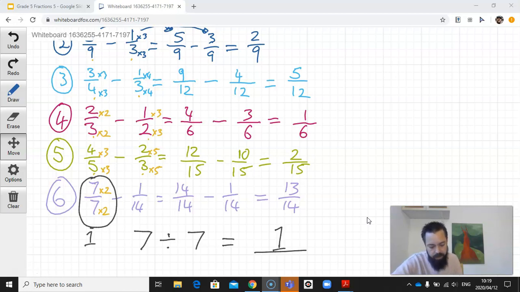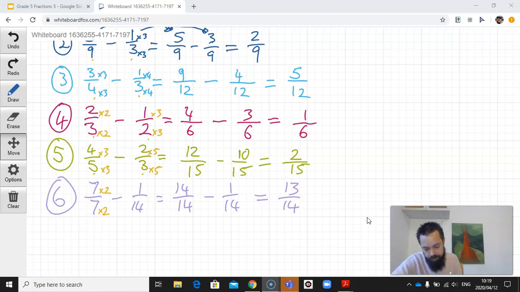So another way that we could have written this question is 1 minus 1 over 14. That would have been a little bit more complicated to look at. But we could just then rewrite our 1 as 14 over 14, because 14 divided by 14 is 1. Anything divided by itself is 1.